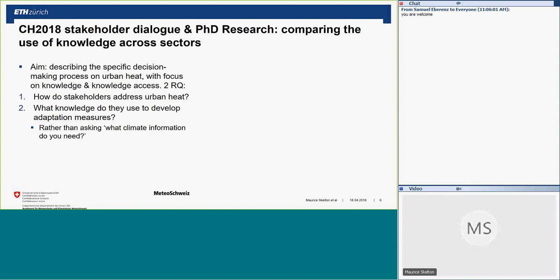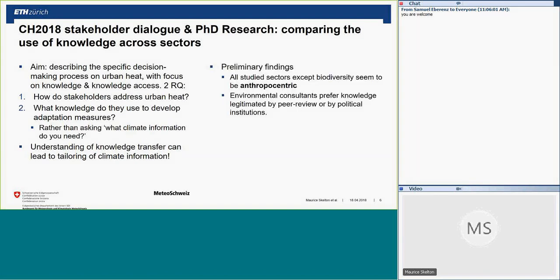Basically we try to create a basic understanding of how these various actors deal with this particular change, and then the second step is to understand how different sectors access their knowledge.